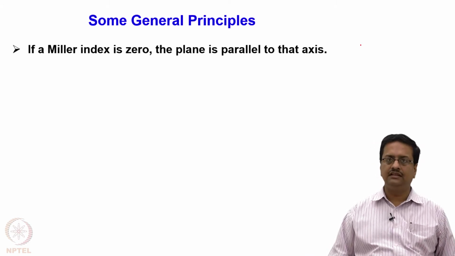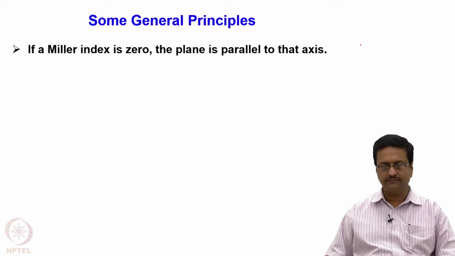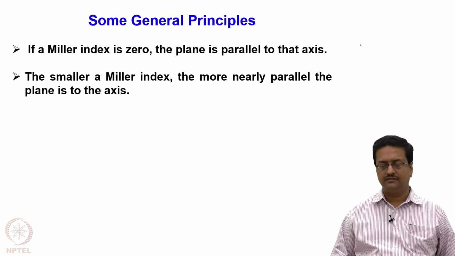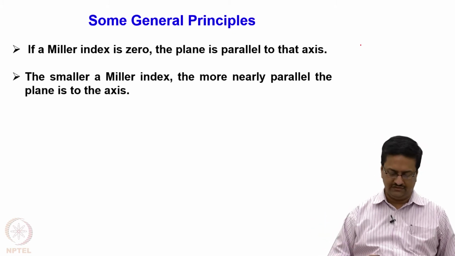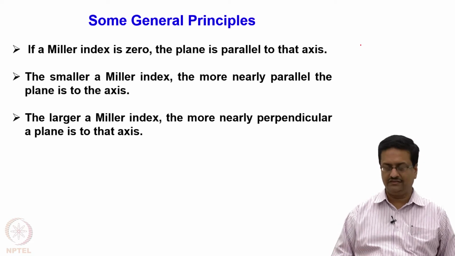So, we would like now to highlight some of the general principles. As we have already seen, if a Miller index is 0, the plane is parallel to that axis. The smaller the Miller index, the more nearly parallel the plane is to that particular axis. The larger the Miller index, the more nearly perpendicular a plane is to that particular axis.